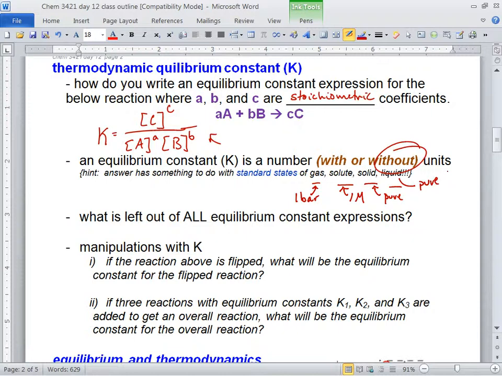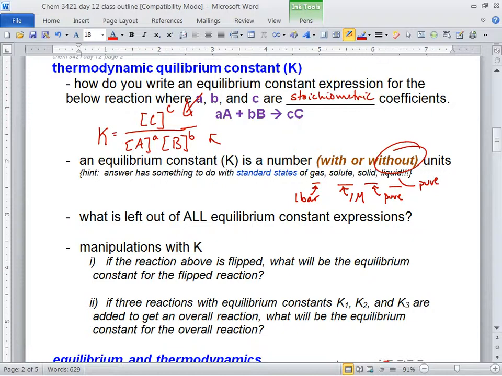Now, what's the big deal? Well, when you plug in these concentrations, or whatever you're plugging into your equilibrium constant expression, raising it to the stoichiometric powers, it's always a ratio with respect to the standard state. So here we have the concentration of C, which means it must be a solute.